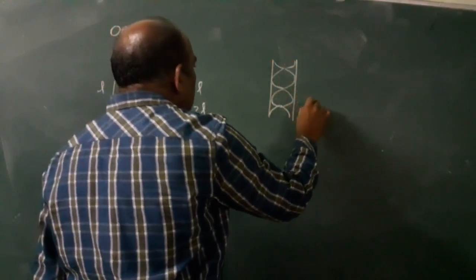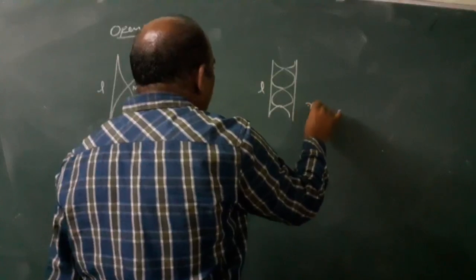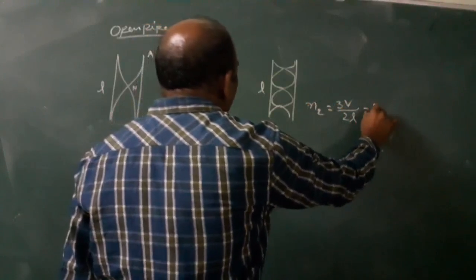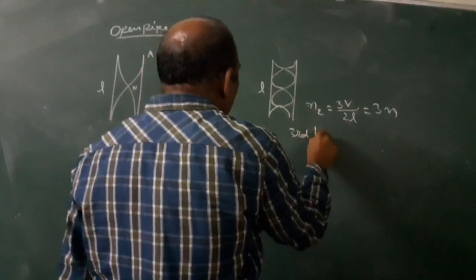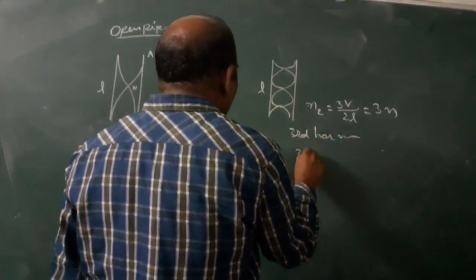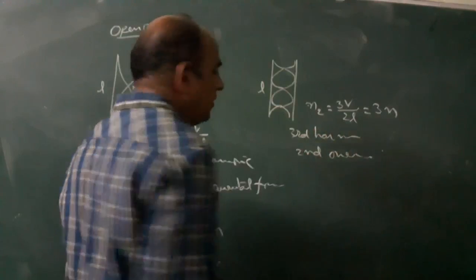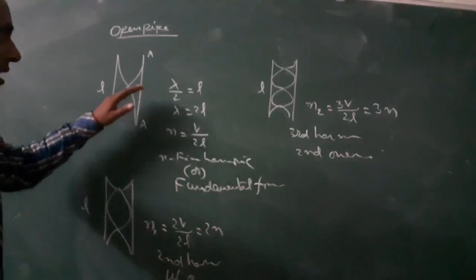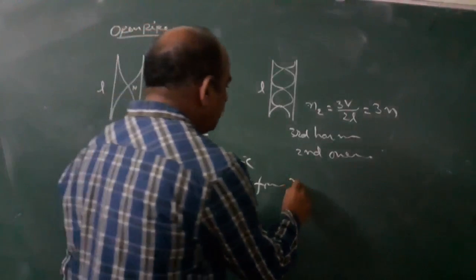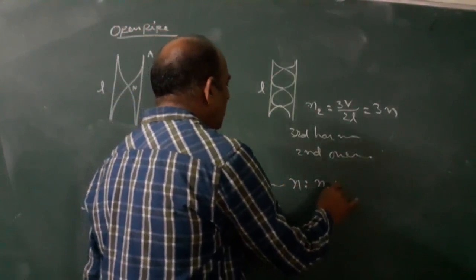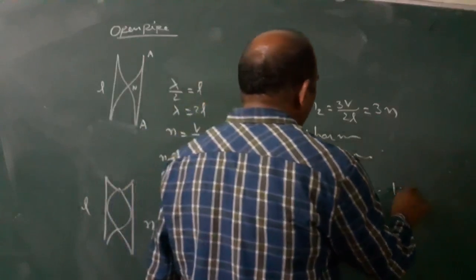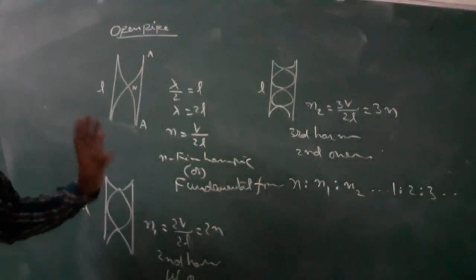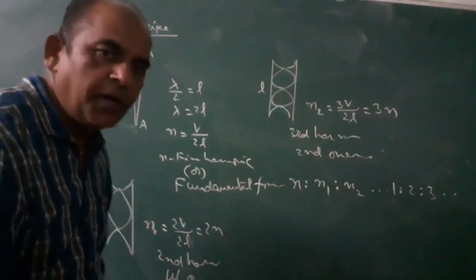That means 3 loops. In this case, frequency n2 is equal to 3v by 2L, that is 3n. So this is the third harmonic or second overtone. Therefore, the air column can vibrate in the open pipe with the ratio of fundamental frequency and overtones 1:2:3, etc., just like in a vibrating string. So vibrating string, closed pipe, open pipe, we discussed it.